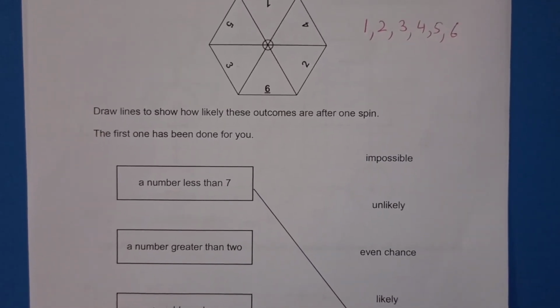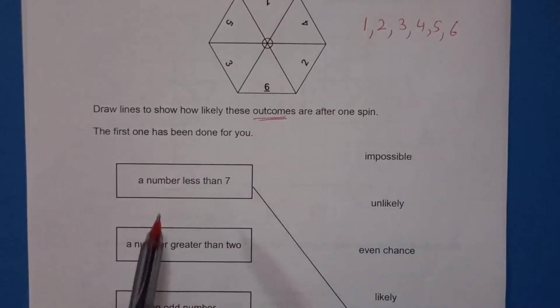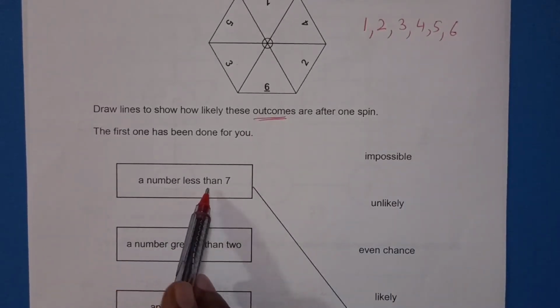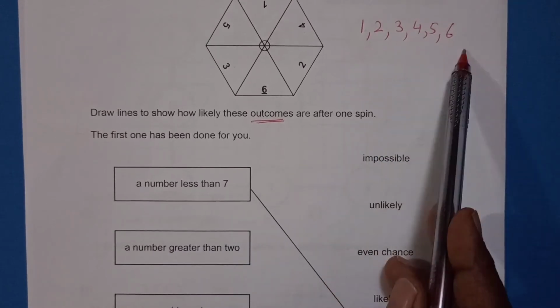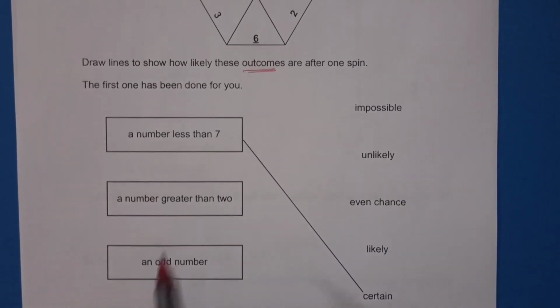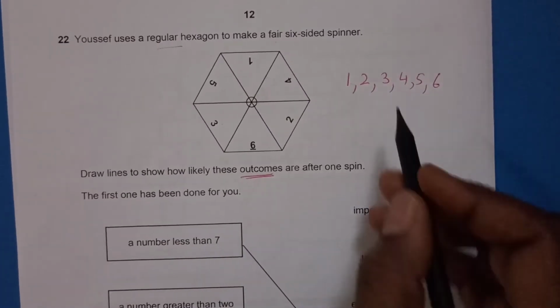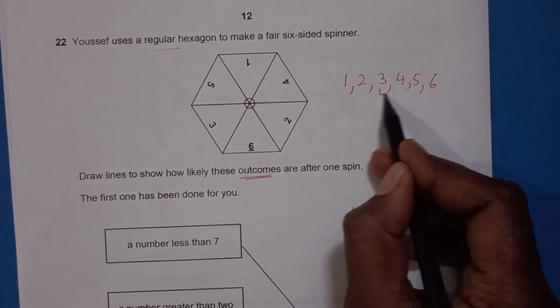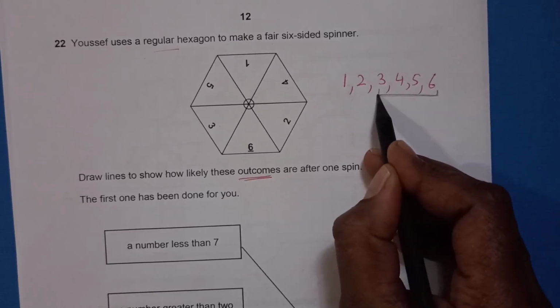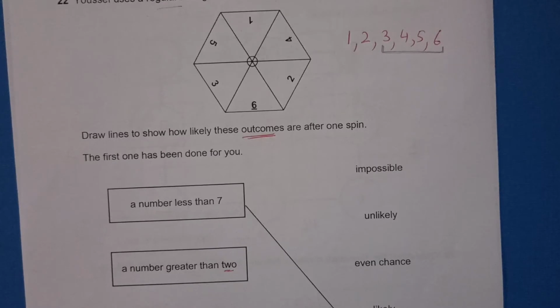So we need to find out the possible outcomes. The outcome, a number less than 7. All the numbers are less than 7, so this is joined to certain. Now a number greater than 2. There are 6 numbers, and out of these 6, these 4 are greater than 2. So let's see which is the possibility.